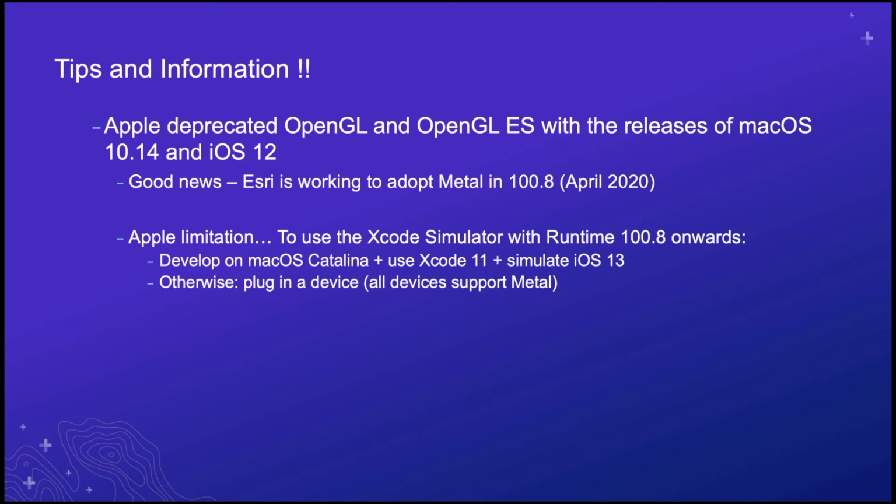Since we'll only be releasing Metal at 100.8, it means that the iOS simulator for iOS 12 and earlier will no longer work with the map view and the scene view. So to work in the simulator, you'll need to be running macOS Catalina, Xcode 11, and be simulating iOS 13. If you plug directly into a device and test your apps on a device, there's no restriction at all. This is just something to be aware of.